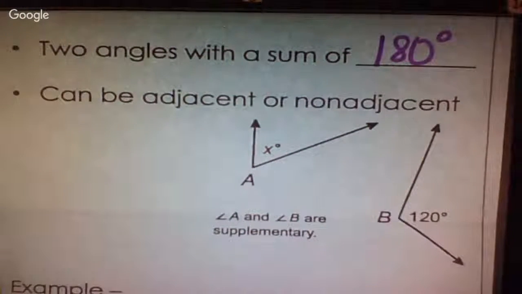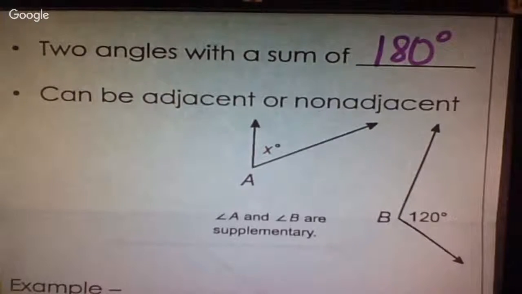Again, these can be adjacent, side by side, or non-adjacent, where they don't have to be side by side or even attached for that matter. So if you take a look at angle A and angle B in this example, they don't even touch each other. They're not even together at all. But it tells you that A and B are supplementary. So if B is 120, that means A is 60.